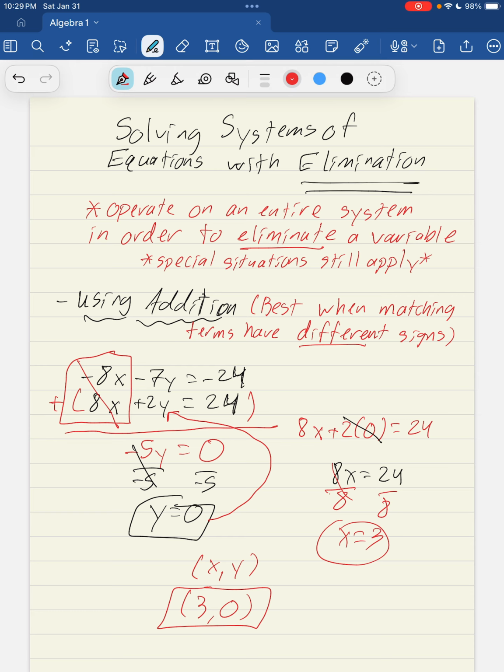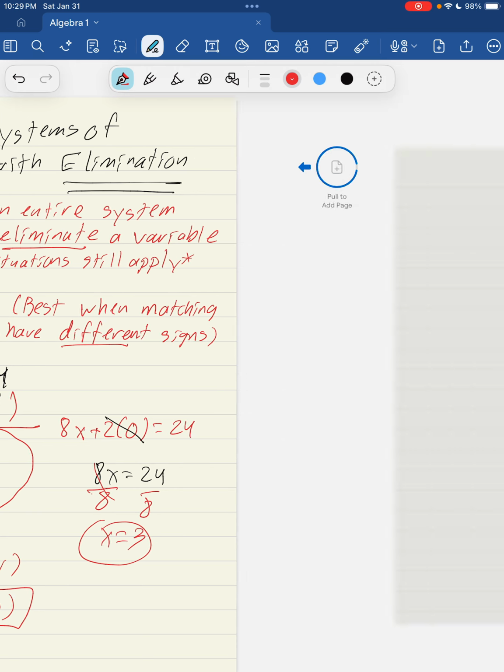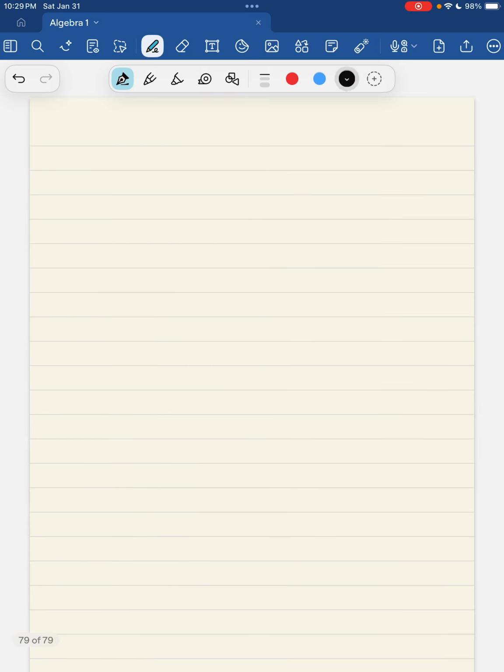Okay, let me show you one more. I'm going to do a good one. I have negative x minus 8y equals 2, and x plus y equals negative 9. Well, where's our match? It's the x's.